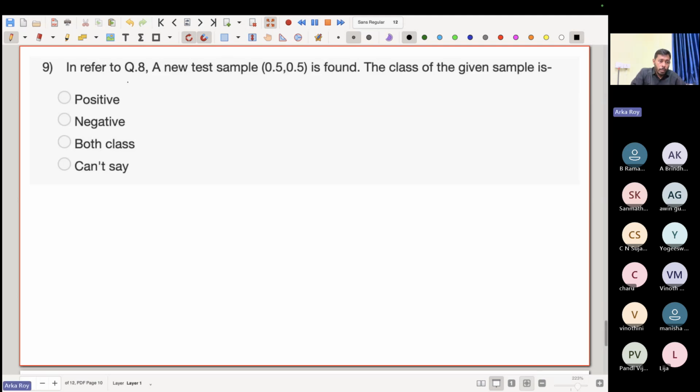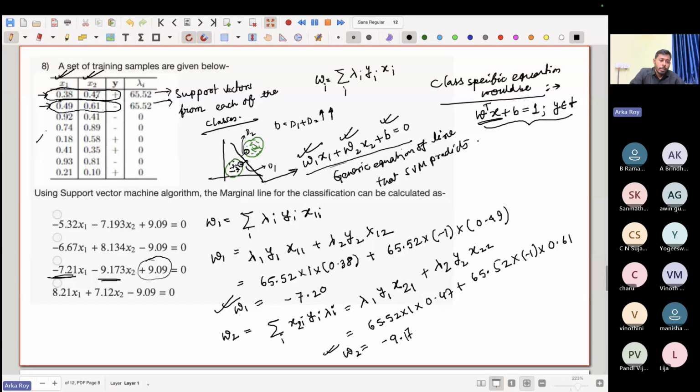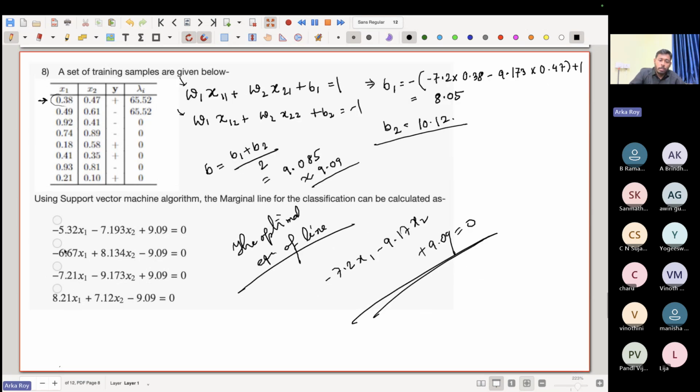Okay, in reference to question number 8, for a new test sample you have to find the class of the given sample. You had several data points, you constructed an SVM, and you got the optimal line equation, minus 7.2, minus 9.17, and so on.